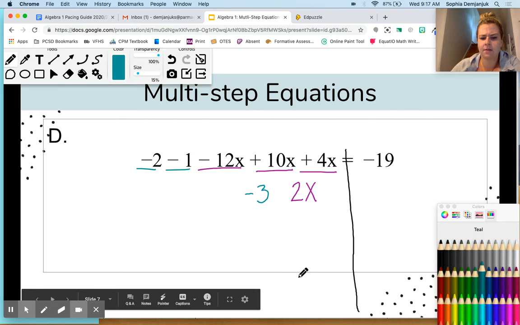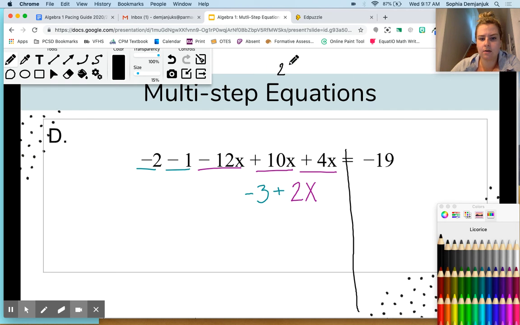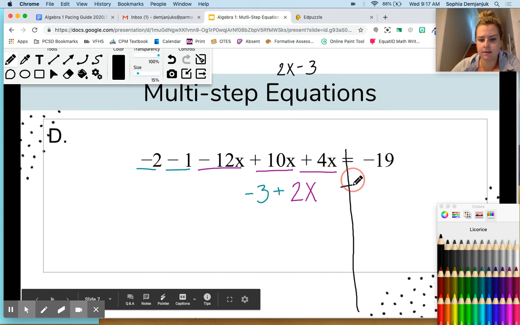But now I have -3 and 2x, and I need these two things to be combined with an addition sign in between them. Or you could have written it as 2x minus 3. Flip-flopping those two around doesn't make a difference. Equals -19.